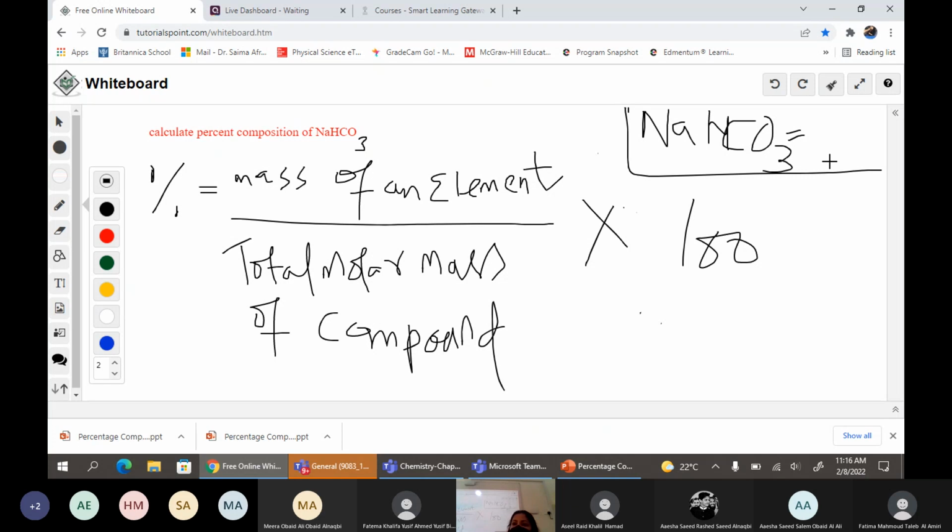What is the total mass, Fatma Rashid, for NaHCO3? Molar mass total, 84. Because you have 1 sodium, 1 hydrogen, 1 carbon, and 3 oxygens.